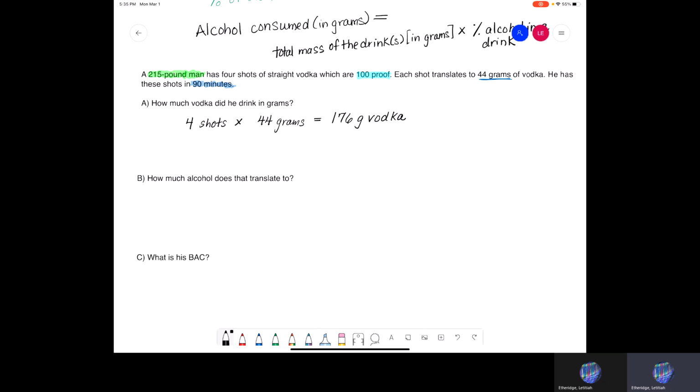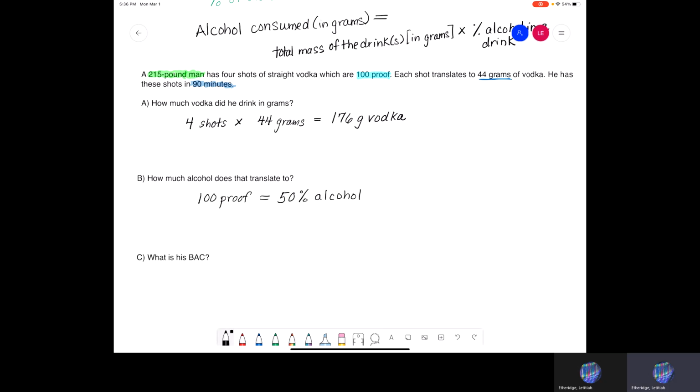Now, here is the thing you need to remember. All of what he drank was not all vodka. When it says that it is 100 proof, that means it is 50% alcohol. So when you see 100 proof, this means that whatever he drank was 50% alcohol.